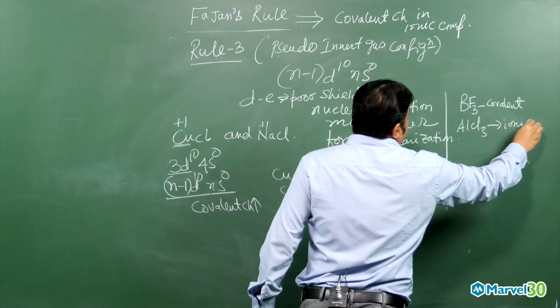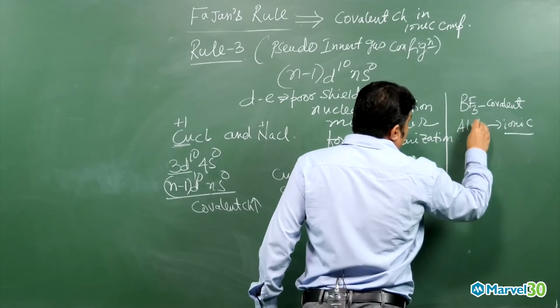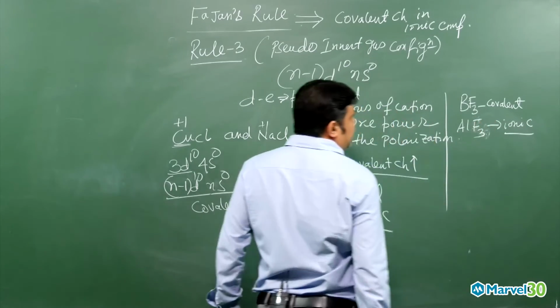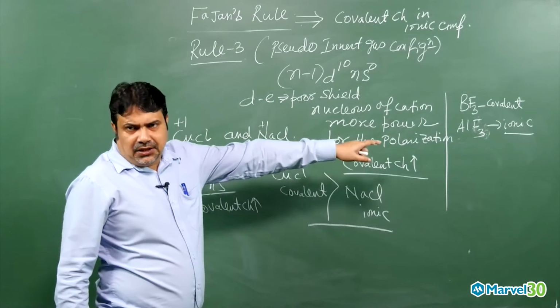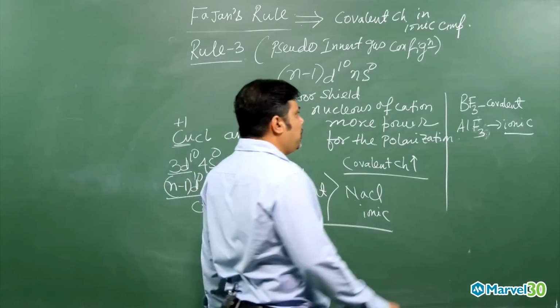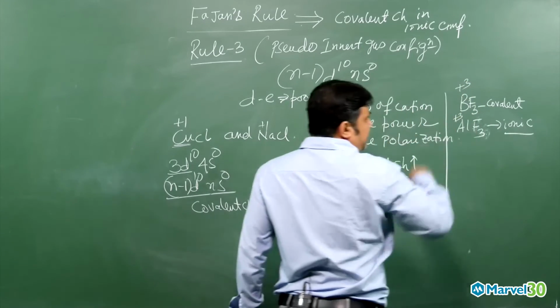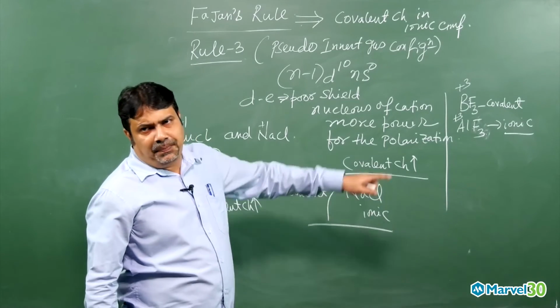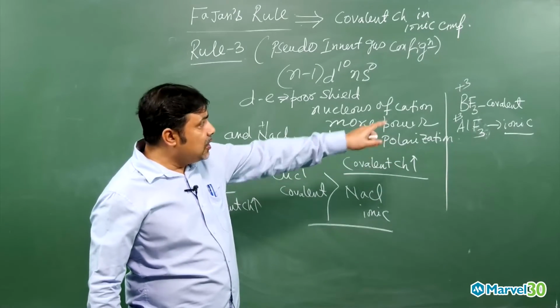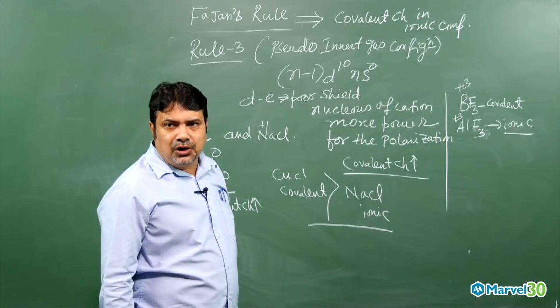How do we explain this phenomenon? In both cases the anion is the same, but the cation is different. Here boron is +3 and aluminium is also +3. The charge is the same, so the charge density depends on the size. Because boron has a smaller size, the charge density will be very high.